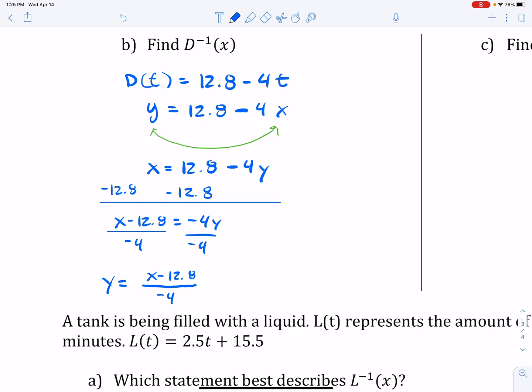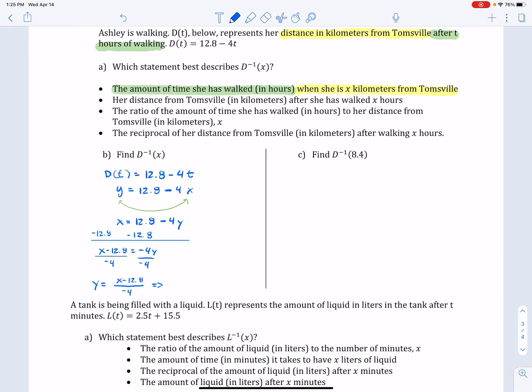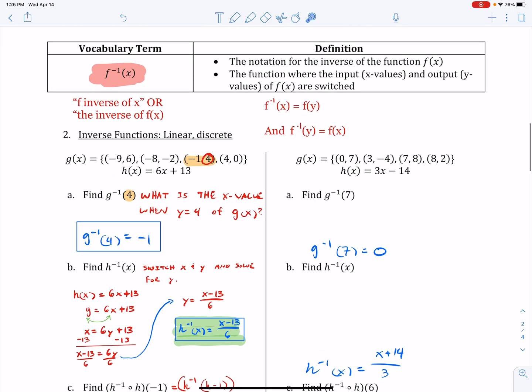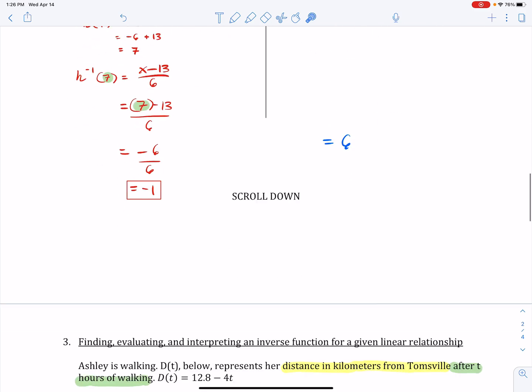Now, what this is really saying is, I know what y is. Let's go back up to our notes, way up at the top, to make the connection here. I know what y is, so then I know what the inverse of f of x is, or in other words, of d of x, or d of t to be specific in the problem.